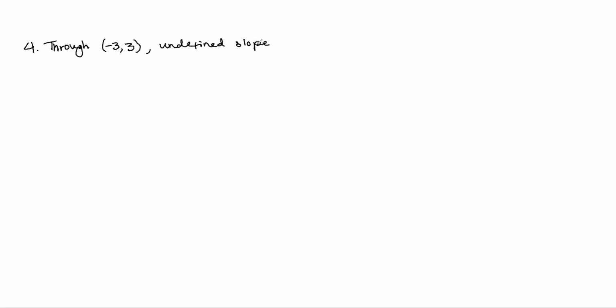So these are the ones where you're going to want to remember what kind of line you have with your special case slopes. Undefined slope means that we have no horizontal change because we're dividing by 0. And so we have a vertical line. And that's all we need to know. Once you know that, we can go ahead and start graphing. This one, let's go ahead and draw our axes.